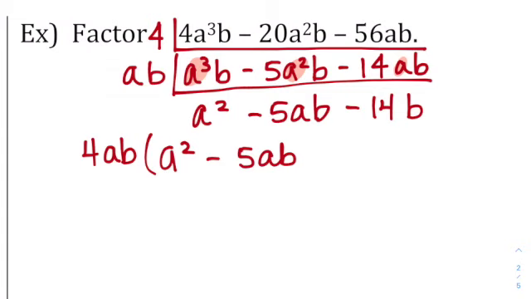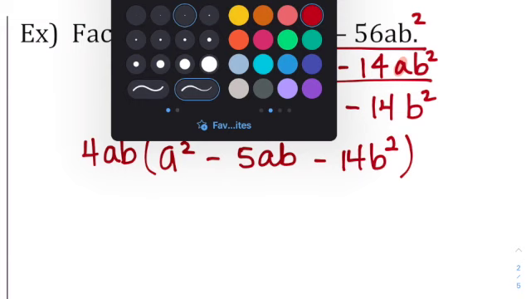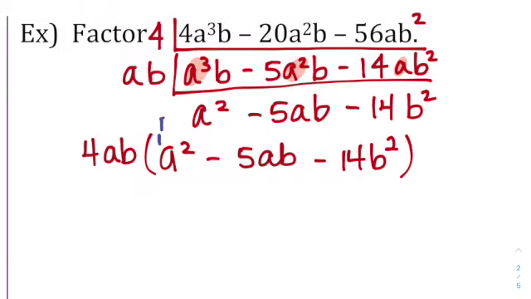Notice there's a b in the front, there's a b in the middle, there's a b squared right here, so minus 14b squared. And when you do that, you can say that's 1 and 1 for the a. And the 14 is going to be 1 and 14, 2 and 7. And that's your combination.